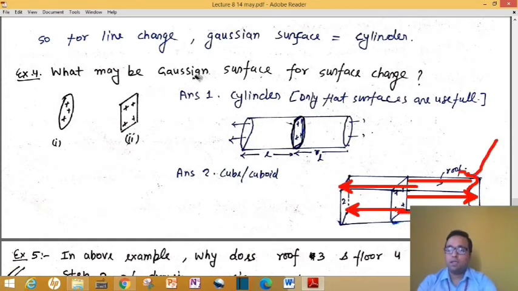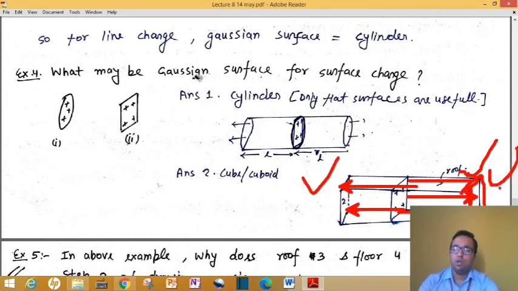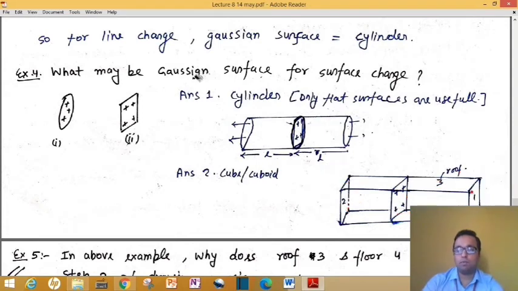These arrows show your electric field, and at this corner and at this corner, your electric field lines are just perpendicular to the surface. You have to remember this surface should be perpendicular to this charge. Okay, then you can call it Gaussian surface.